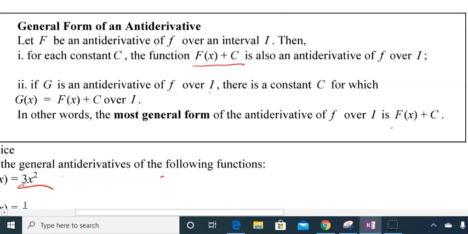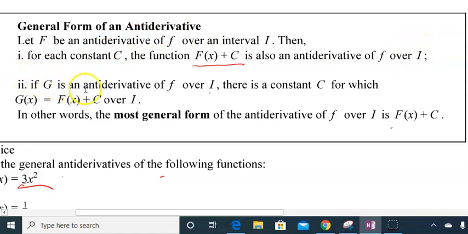The general form of an antiderivative. Let uppercase F be an antiderivative of function lowercase f over an interval I. Then, 1. For each constant C, the function F of x plus C is also an antiderivative of the function f over I. 2.